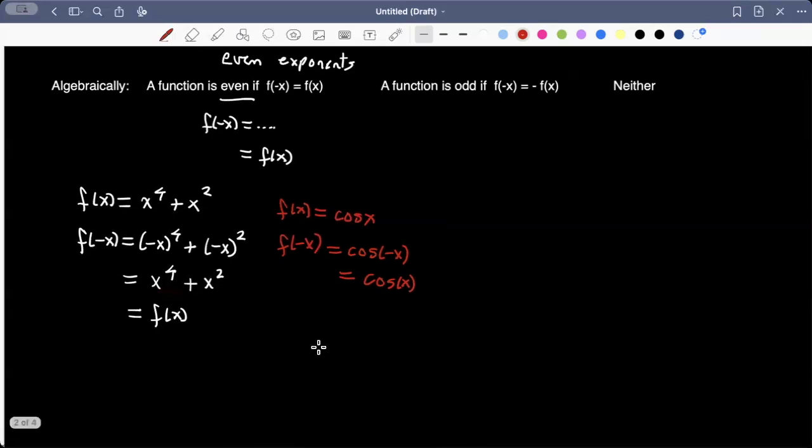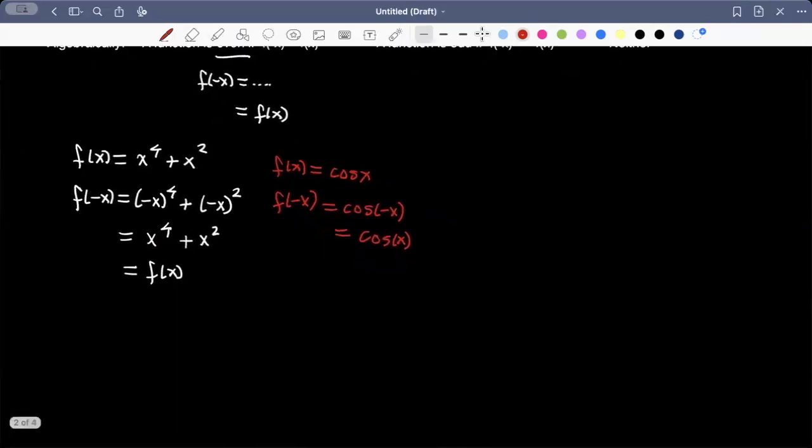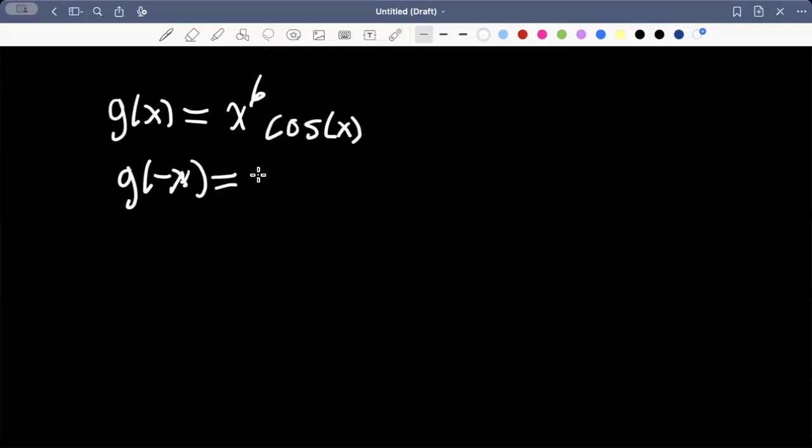So here's an example of an even function that could involve cos x. Let's say x to the 6 times cos x. If I replace each x with a negative x, I'm going to have negative x to the 6 times cos negative x.